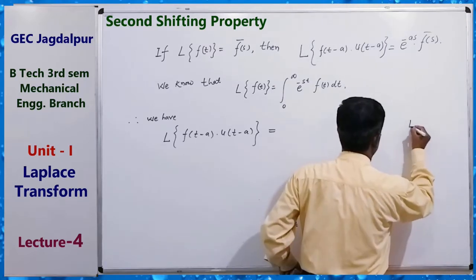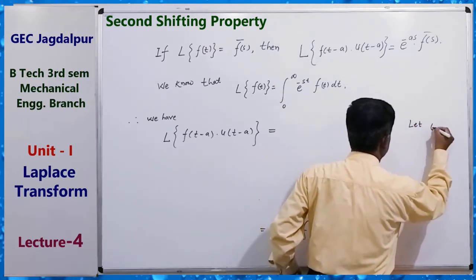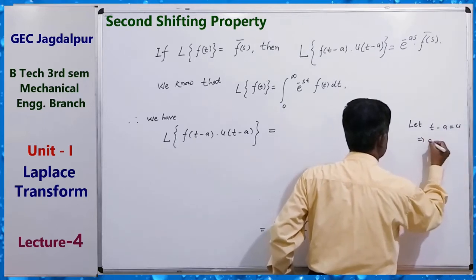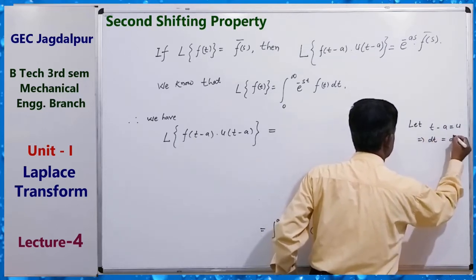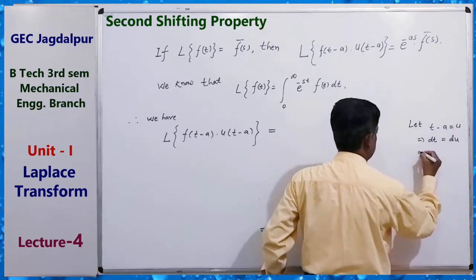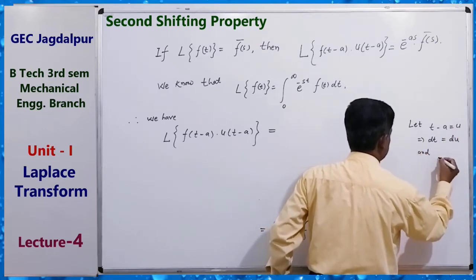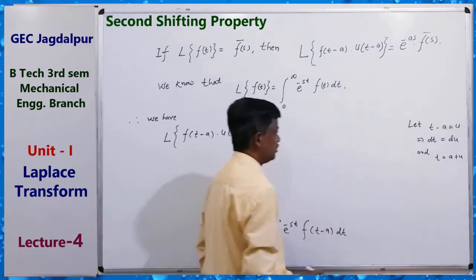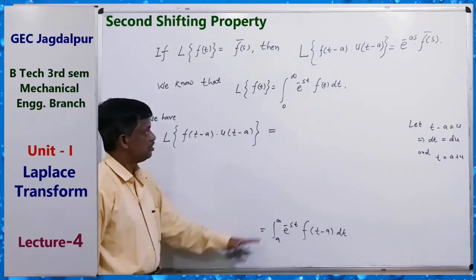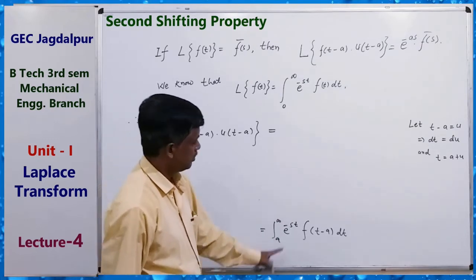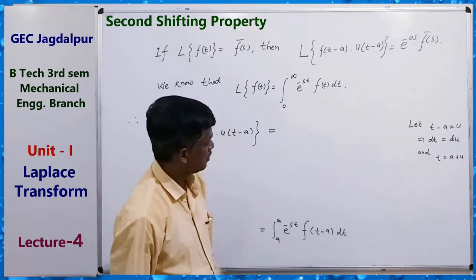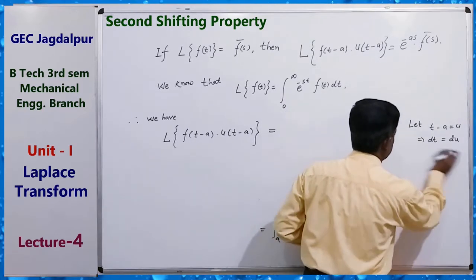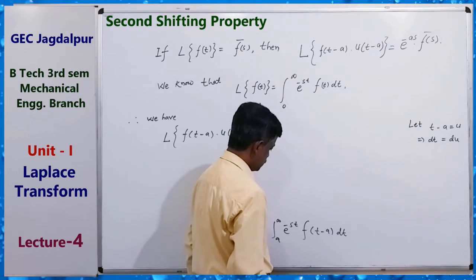Let t minus a equals u, which implies dt equals du and t equals a plus u. Here it is t minus a, so the extra term is not required.